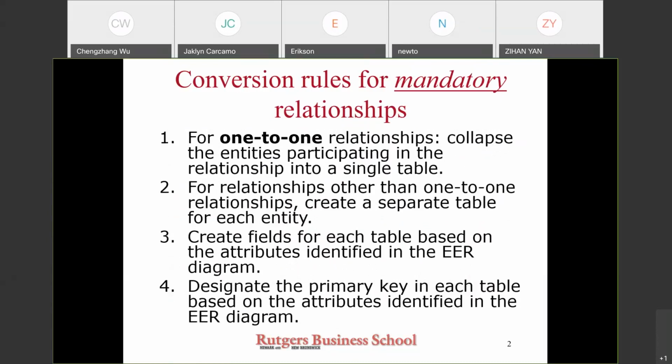Okay. For one-to-one relationships, we first collapse the entities participating in the relationship into a single table. Second, for relationships other than one-to-one relationships, we need to create a separate table for each. Then we create fields for each table based on the attributes identified in the ER diagram.